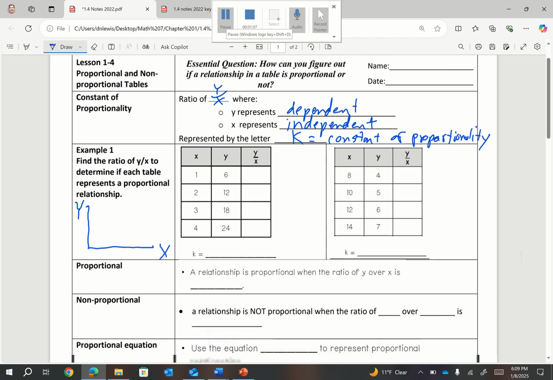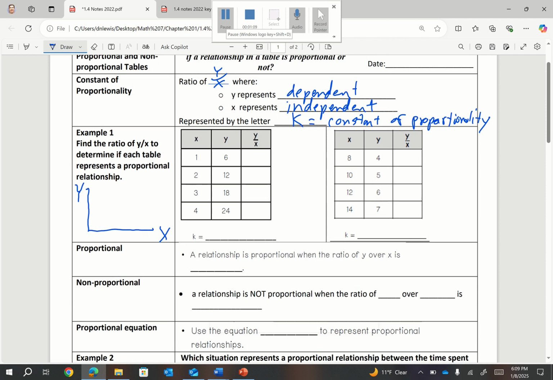Okay, so when we look at this first table, we've got x values and we have y values. On these tables, the x values should always be the first column or row, and the y values will be the second. And we just need to put y over x. So we just have to do 6 over 1, 12 over 2, 18 over 3, 24 over 4.